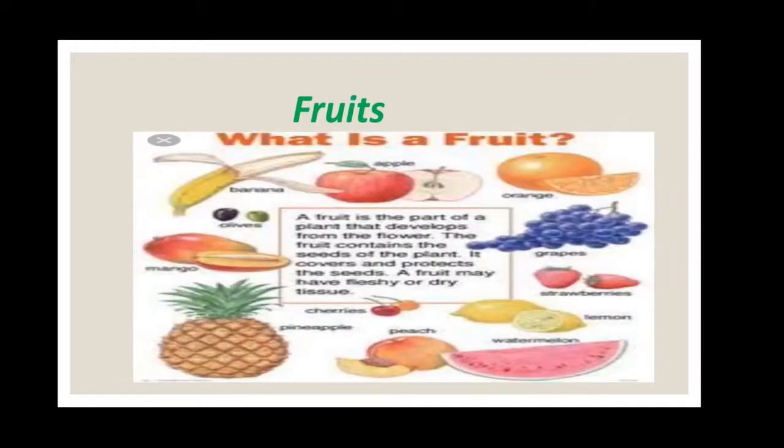Next is fruits. Some flowers grow into fruits. Different types of fruits are there. Some fruits have a single seed, some have 2 seeds or some have many seeds. It depends on the fruit.